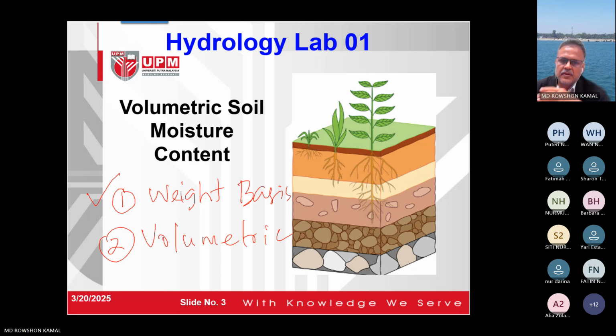And the volumetric is different. Weight basis means you take things by weight, like gram, kilogram. Volumetric is in volume, meaning that instead of gram or kg, we take the volume like centimeter cube. We take the soil as a volume, and we also measure the water as a volume.